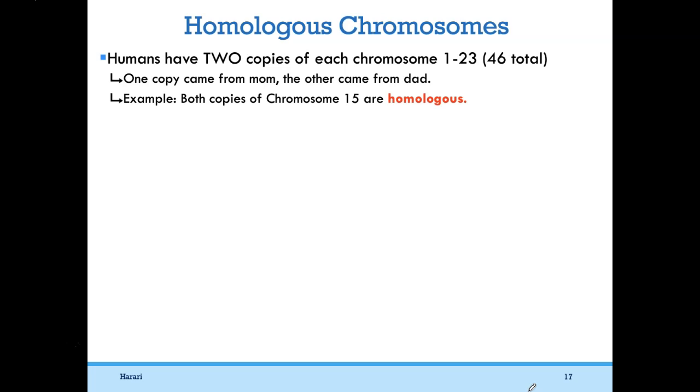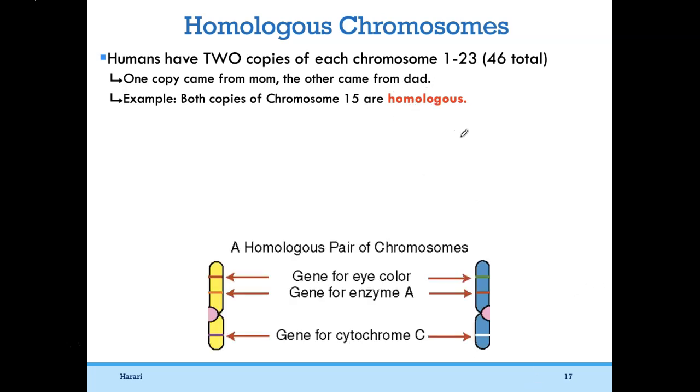So for example, you have 2 copies of chromosome 15 in your somatic cells. One of those copies came from your mother, the other copy came from your father. Because both copies of chromosome 15 are essentially the same in terms of size and the order of genes, we say that those are homologous. Homologous means the same in relation to each other.